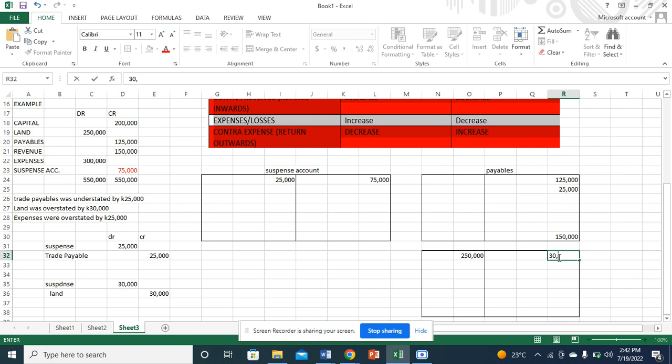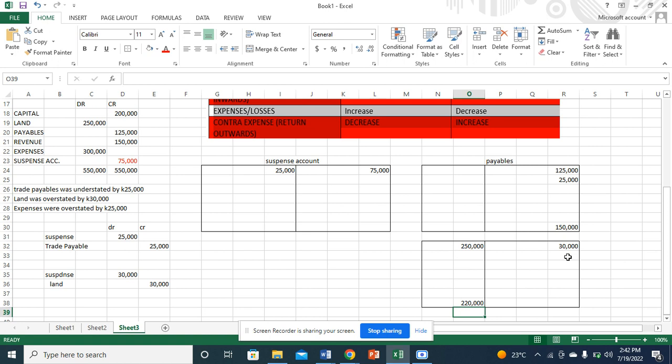So we have to credit to decrease the amount. So 250,000 minus 30,000, 220,000. Then on your suspense account, you debit 30,000. Are we okay with that?